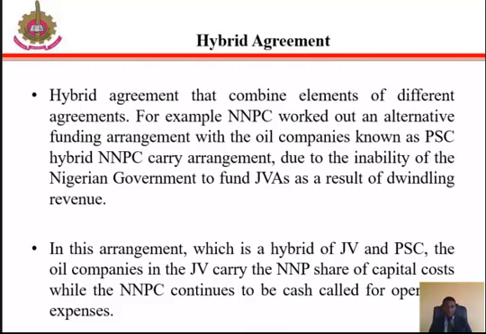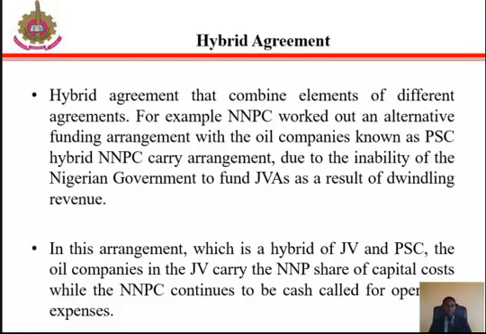Hybrid agreement. A hybrid agreement combines elements of different agreements. For example, NNPC worked out an alternative funding agreement with the oil companies known as PSC hybrid, or NNPC carry agreement, due to the inability of the Nigerian government to fund the JVA, that is the joint venture account, as a result of drilling revenue.